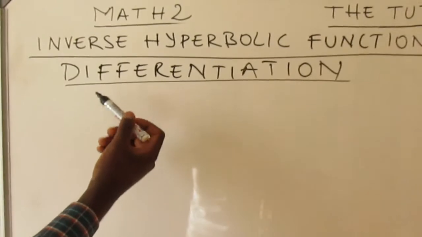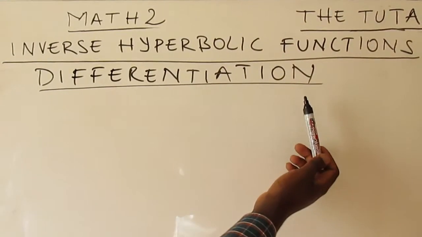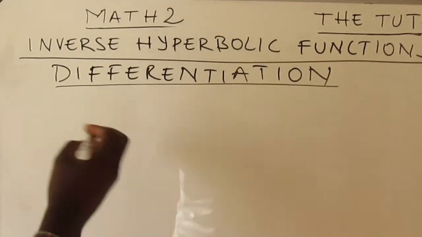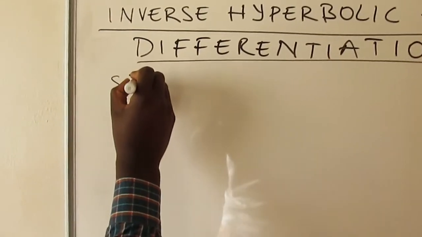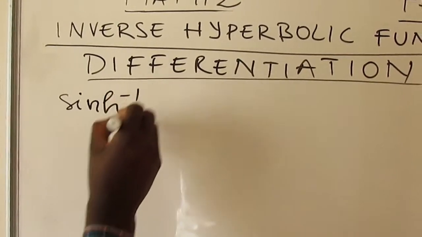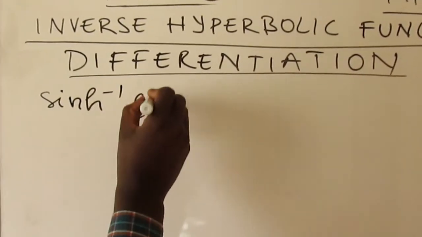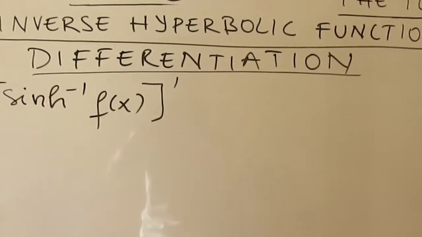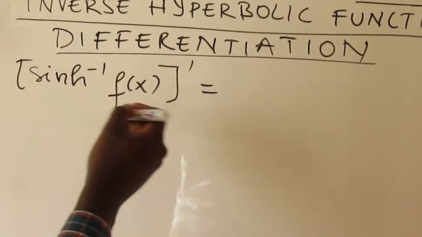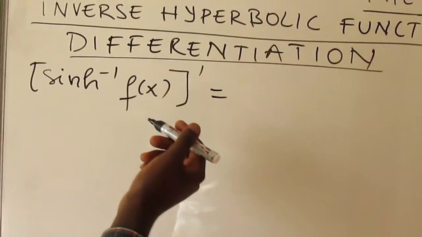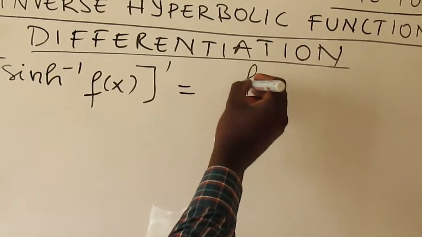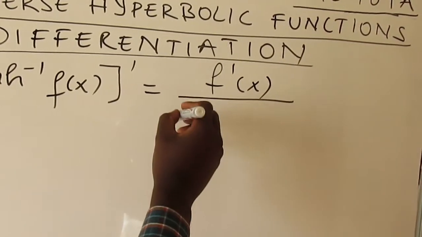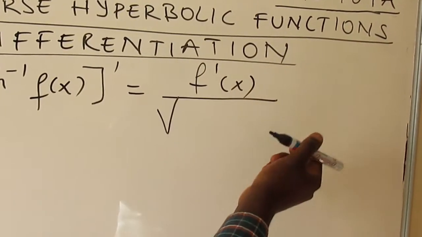Okay guys, let's now talk about the differentiation of inverse hyperbolic functions. We have, when you have arc sinh of f of x, they want you to derive this. Remember, with arc sin of f of x, we're taking f prime of x over, and we used to say that it was square root of 1 minus f squared of x.